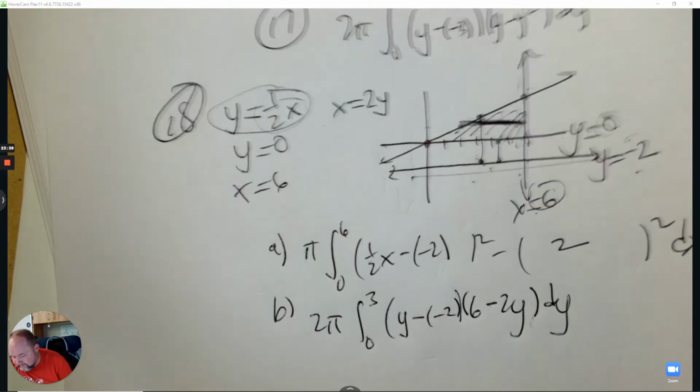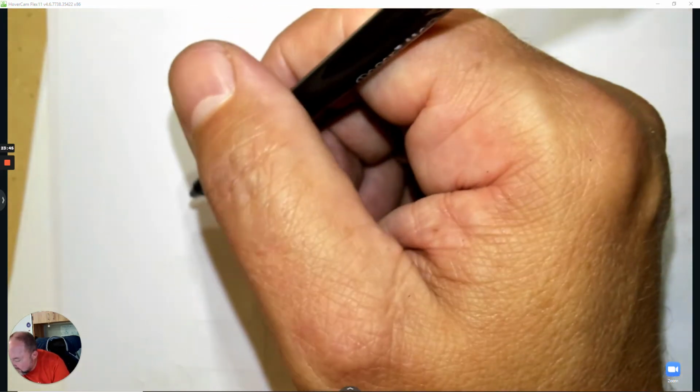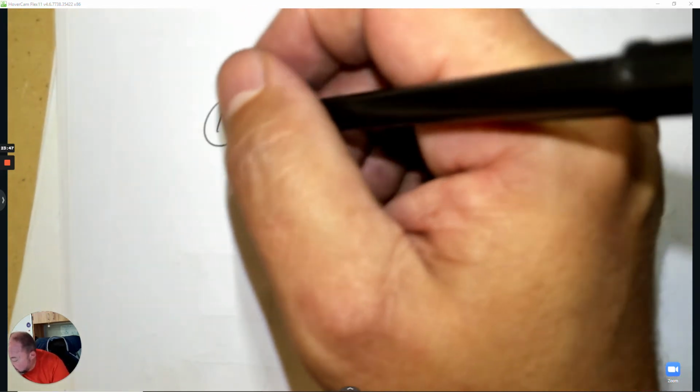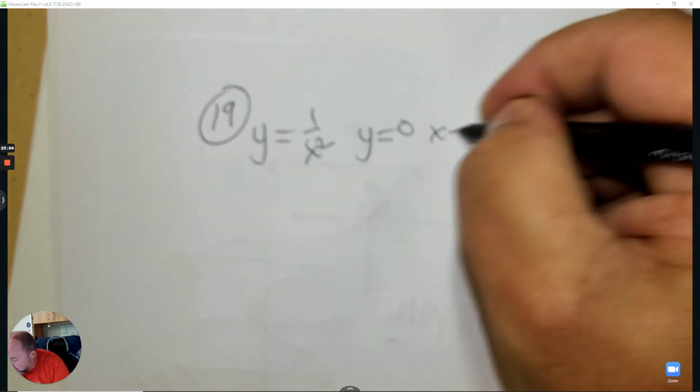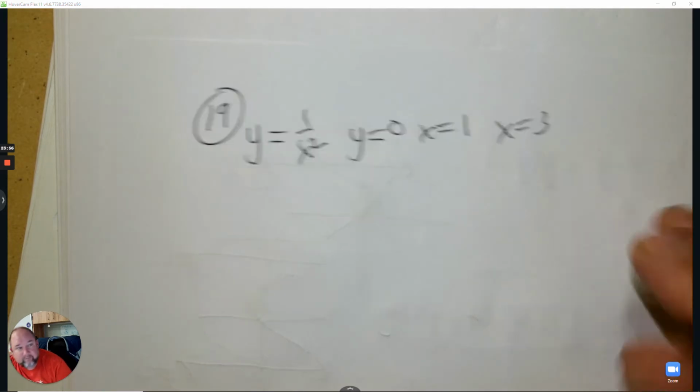Number 19. Find the volumes of solids formed by revolving the region y equals 1 over x squared, y equals 0, x equals 1, x equals 3.